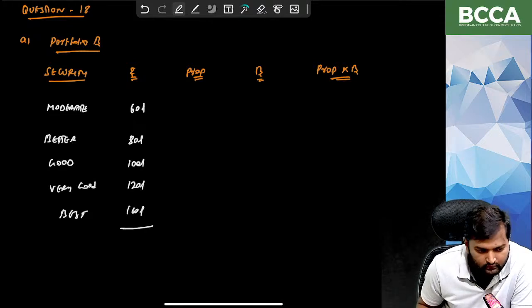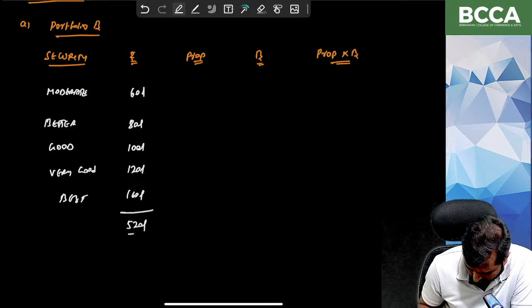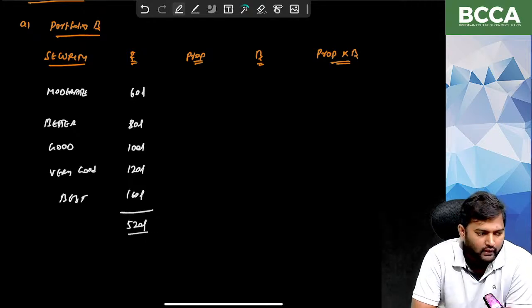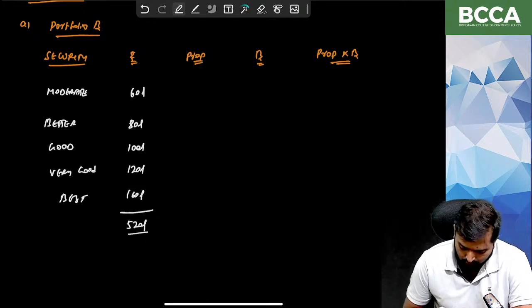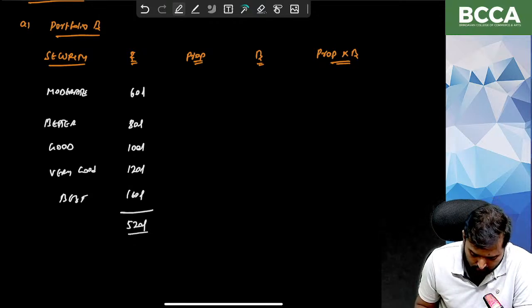Total 520 lakhs. What is the proportion? Total investment 520. Out of that, 60 lakhs invested in moderate. So what is the proportion?